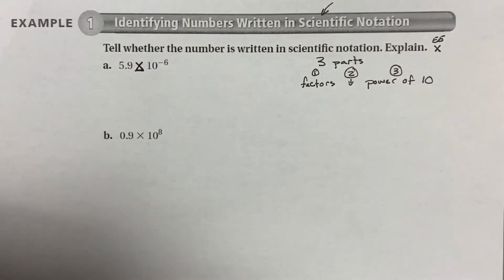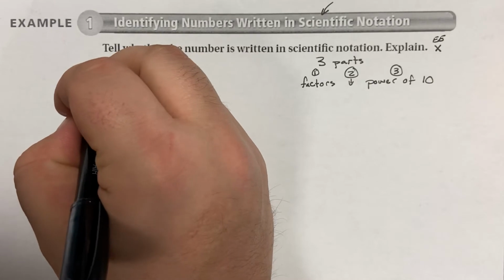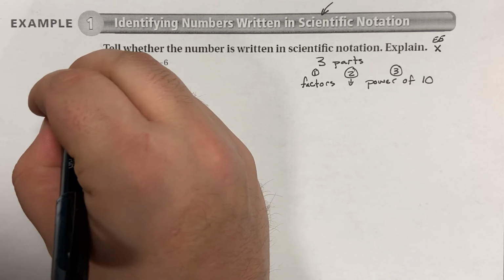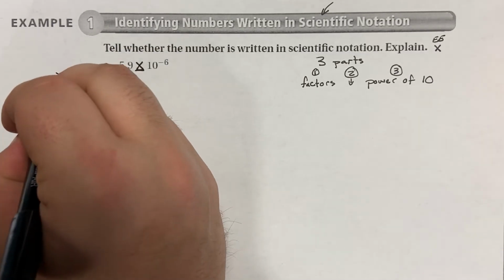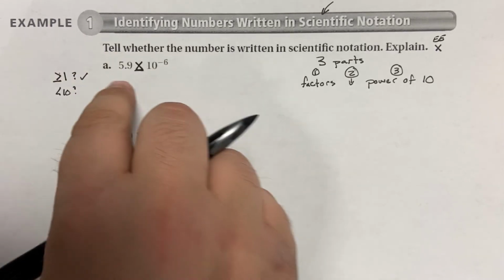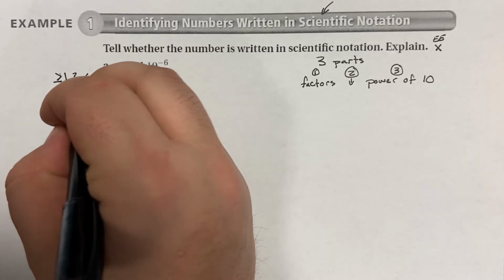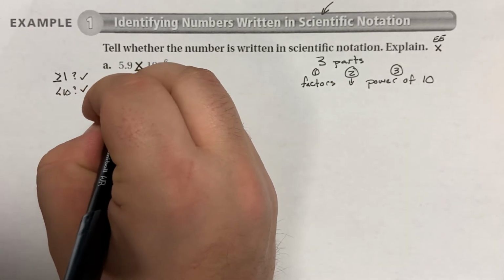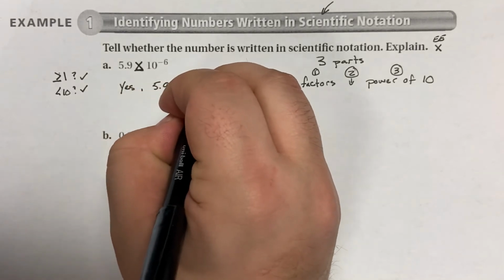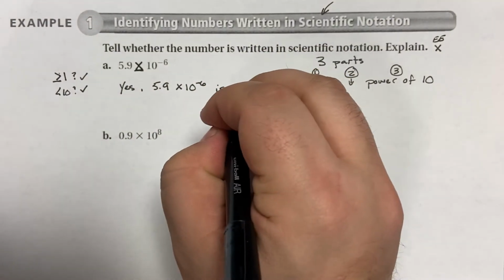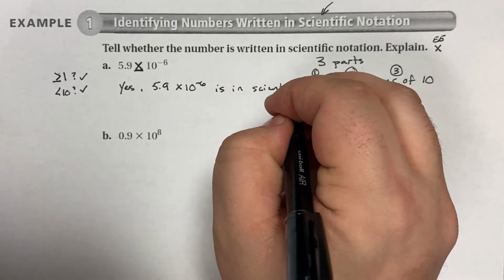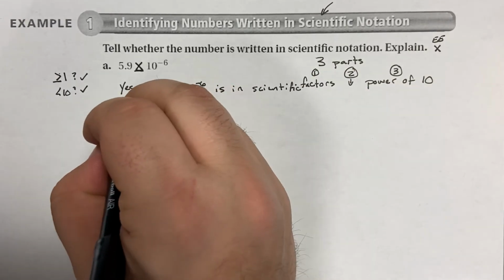So is 5.9 greater than or equal to 1? Yes, check. Is it less than 10? Well, 5.9 is definitely less than 10, so check. So yes, 5.9 times 10 to the negative 6 is in scientific notation.